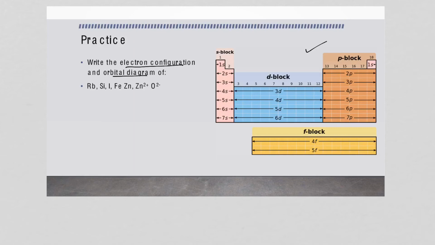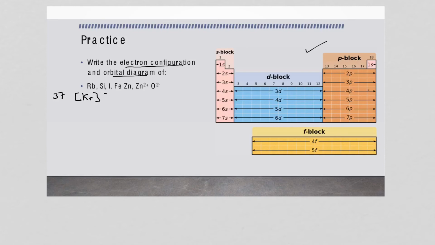So first thing, we're going to do rubidium. Rubidium is in group 1, right? It's element 37, so that's 37 electrons. Now, the noble gas that we could use, and this is where this becomes useful, is going to be krypton. Krypton has 36 electrons, and that's going to be at the end of the 4p right here.